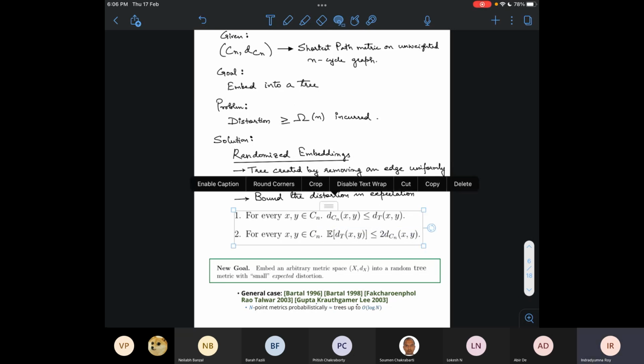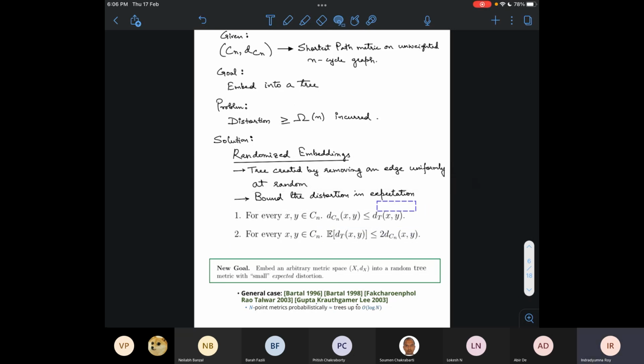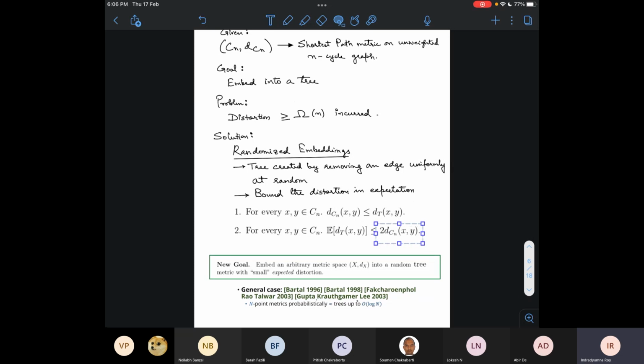The first inequality holds naturally because the path distances in the cycle will always be less than the distance through the tree. But the expected distance in the distribution of tree metrics will always be upper bounded by twice the distance in the original cycle. So this is an example of randomized embeddings, and we will see some inequalities like this in the quad tree analysis.